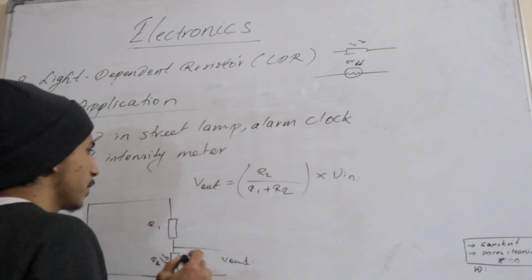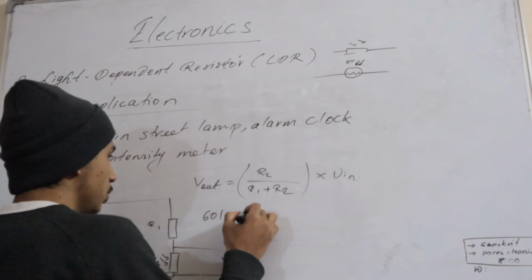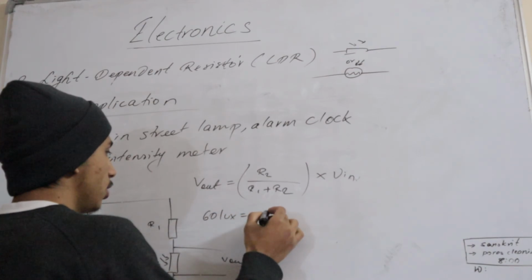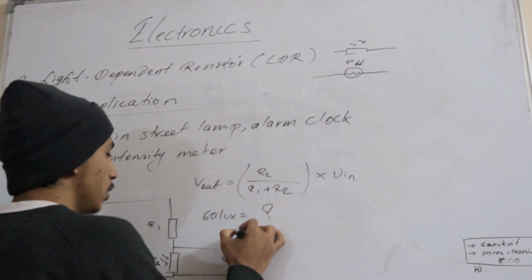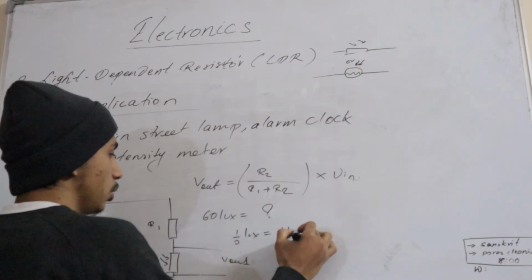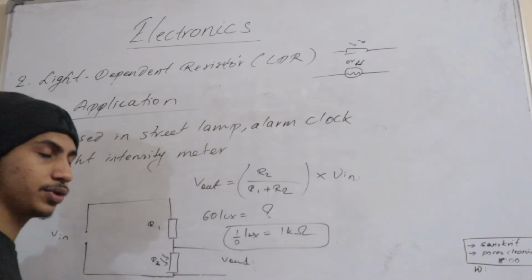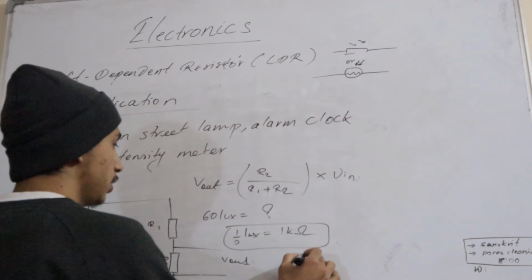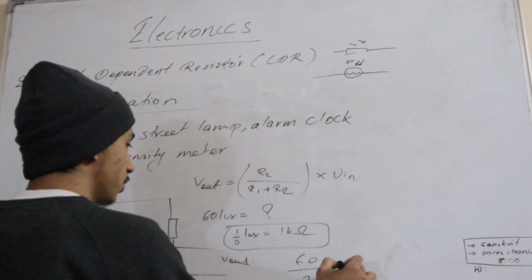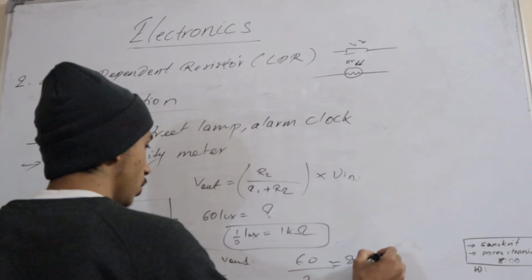One thing, sometimes they also ask about 60 lux. So 60 lux equals how many ohms of resistance? 1/3 lux equals a 1 kilo ohm resistor, and 60 times 3 equals a 30 kilo ohm resistor.